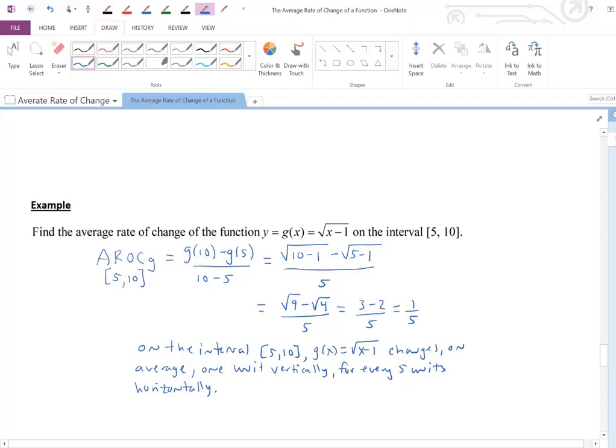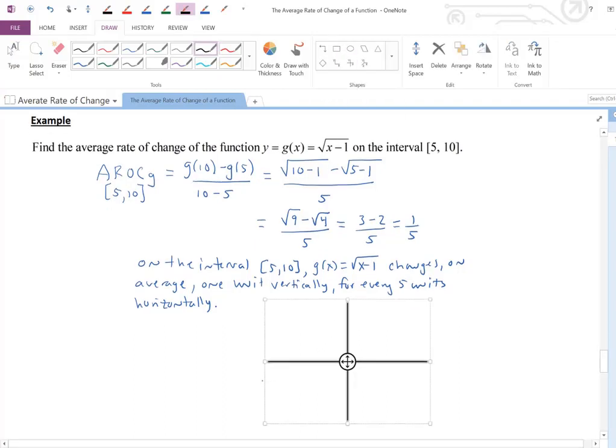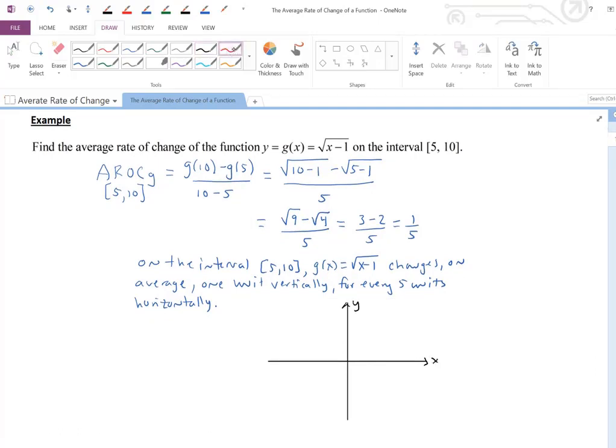Or equivalently, you could say that for every 1 unit horizontally, it moves up 1/5 of a unit vertically on average over this interval. And just to make sure we understand graphically what's happening, we draw a rough sketch of this situation here. So the graph of the square root of x minus 1 looks something like that. There's our graph. And then you go to the points 5 and 10.